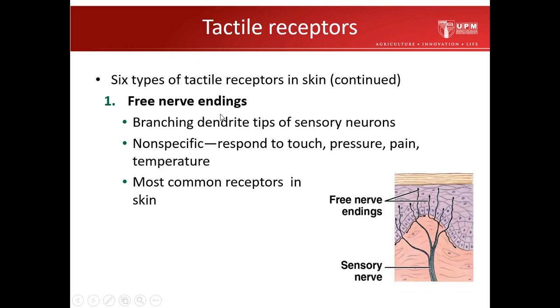Free nerve endings are the branching tips of sensory neurons. They are not protected by any accessory structures, and they are non-specific. Free nerve endings respond to many things, including touch, pressure, pain, and even temperature. A free nerve ending is the most common receptor in the skin.